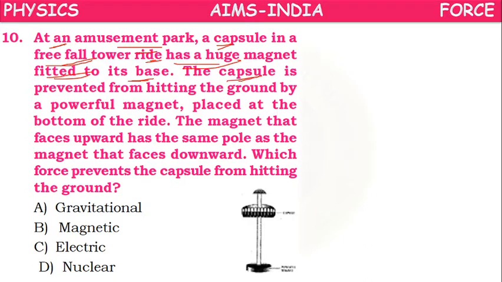The capsule is prevented from hitting the ground by a powerful magnet placed at the bottom of the ride. The magnet that faces upward has the same pole as the magnet that faces downward. So which force prevents the capsule from hitting the ground?